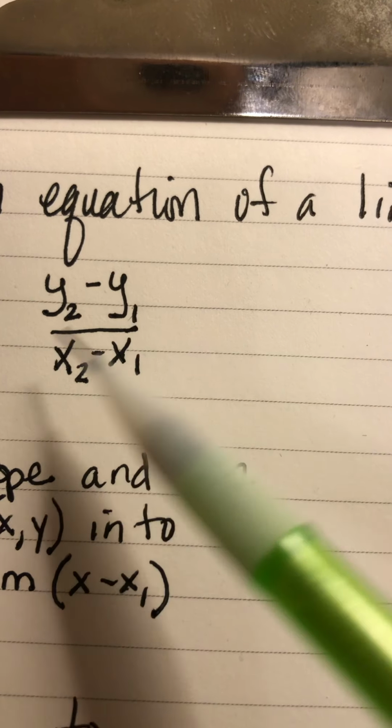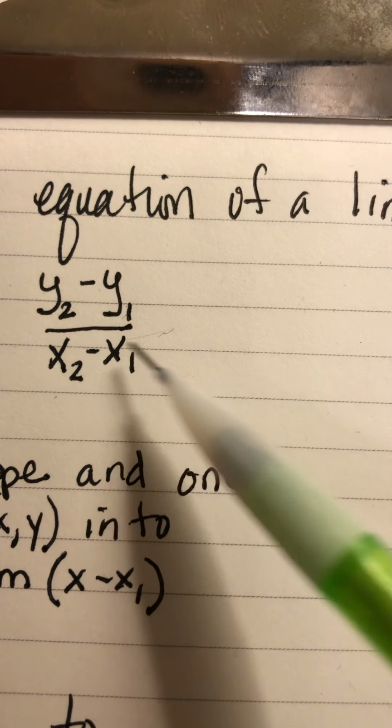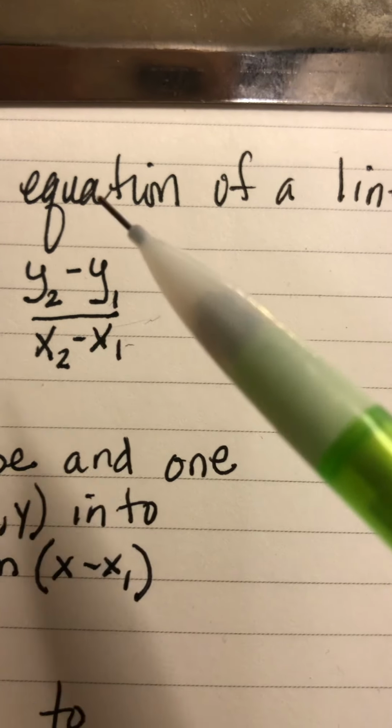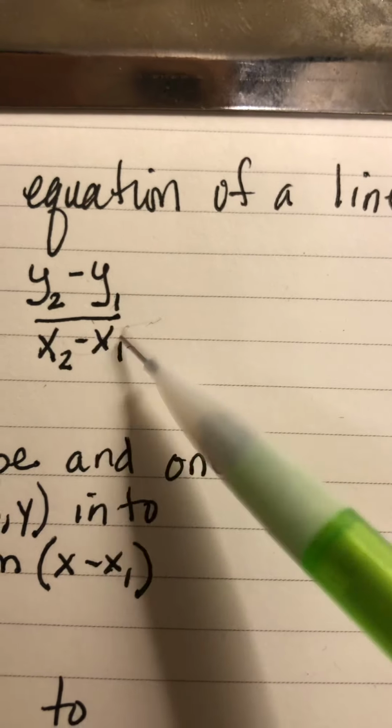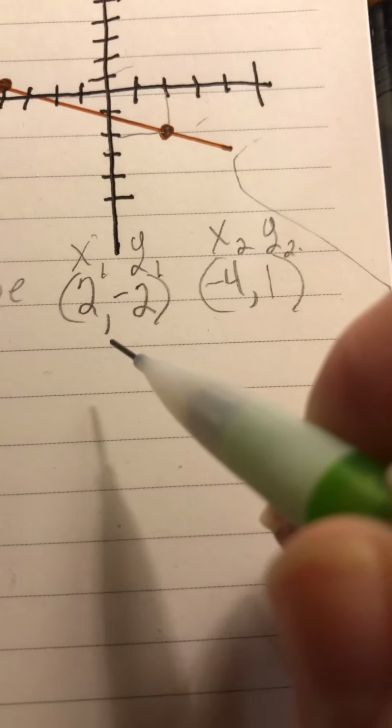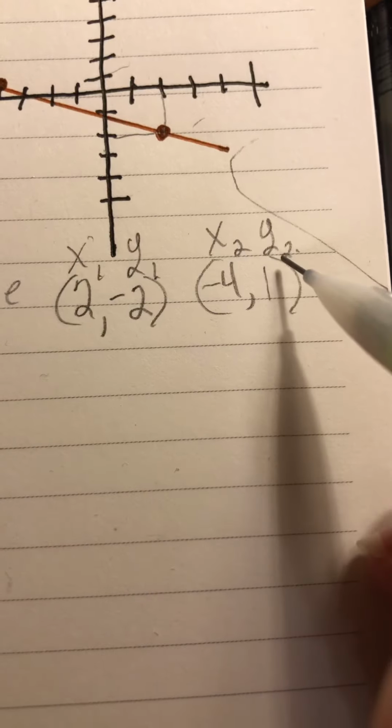So now the slope formula says y2 minus y1 over x2 minus x1. I said slope intercept equation, that's wrong. It's the slope formula says this. Sorry. So if we're going to do y2, that's this one over here.